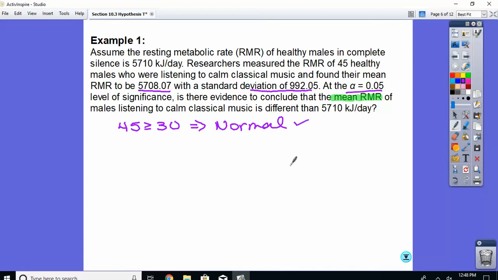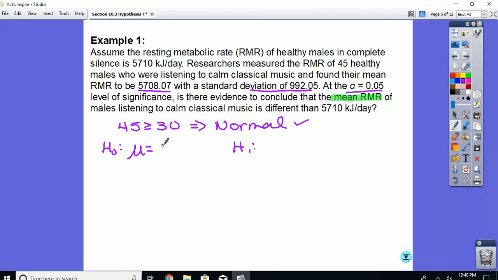Then we get into our hypothesis, our null and alternative. The null hypothesis, since I'm talking about a mean, it has to be mu equals what? What did they think it was at the beginning?